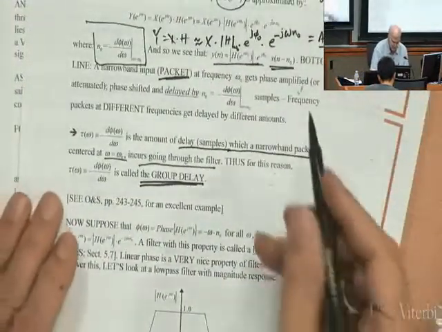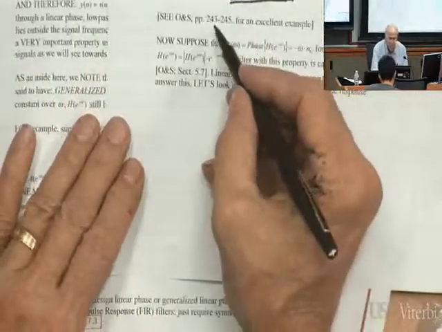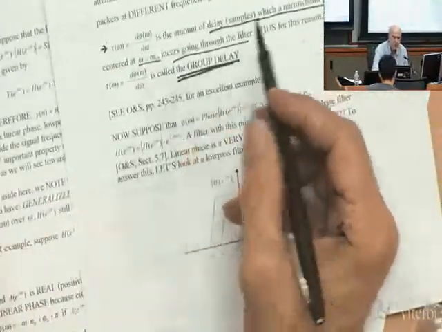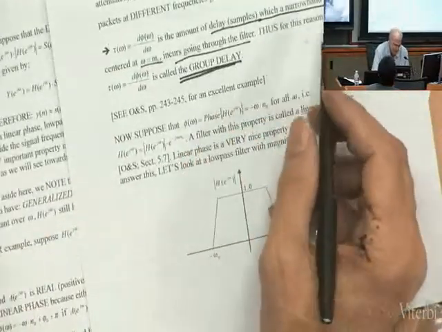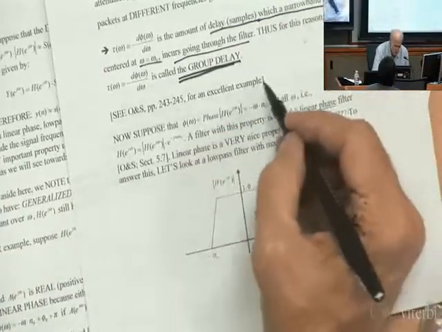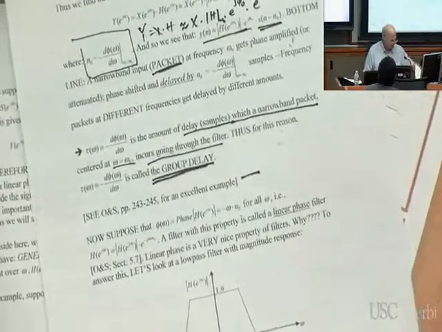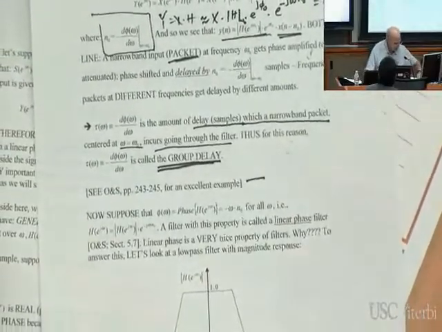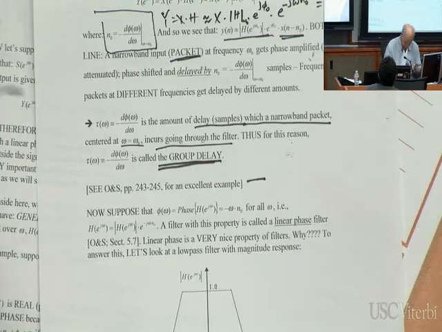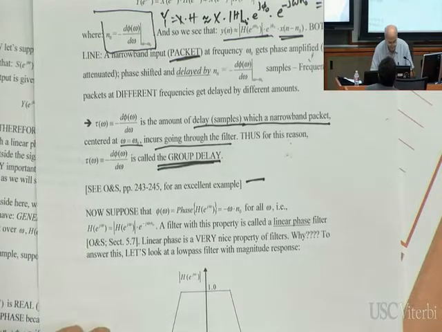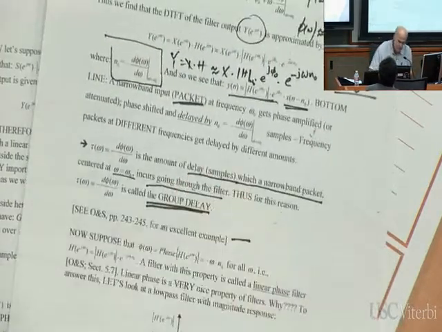Anyway, I said here, in the Oppenheim and Schafer reference, which I referenced as background reading, there is an excellent example of that, and I used to make a copy of that and show it, but I don't seem to have it anymore. Oh, try to show it next time, I guess. No, I didn't bring it. So anyway, that's what the group delay is.